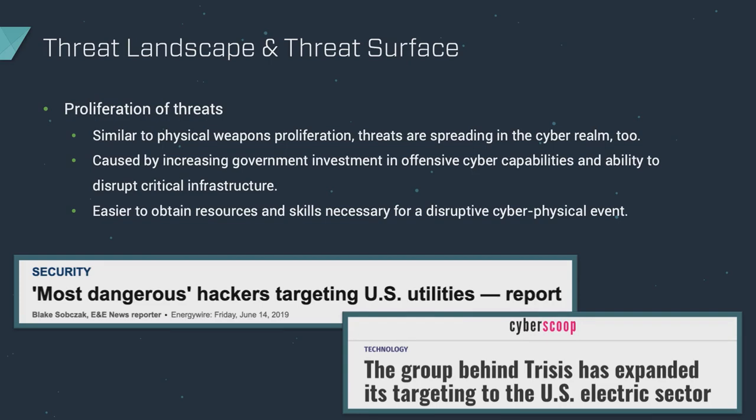It's also becoming easier to obtain the resources and skills necessary for a disruptive cyber-physical event. Even you have these legitimate penetration testing platforms that are incorporating ICS, SCADA, OT-specific modules within them. That's great, of course, for your red teamers, but then you also might have adversaries that are using these publicly available tools to potentially work that into their operations as well. Again, it's not necessarily super easy to be able to learn this. A lot of it is very, very specialized.